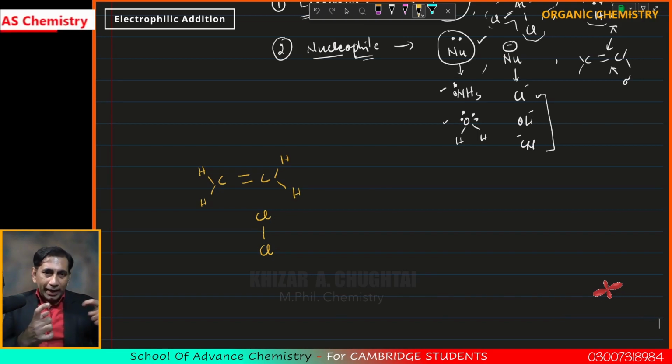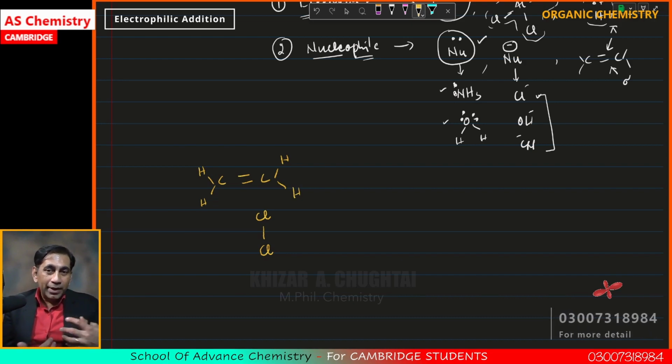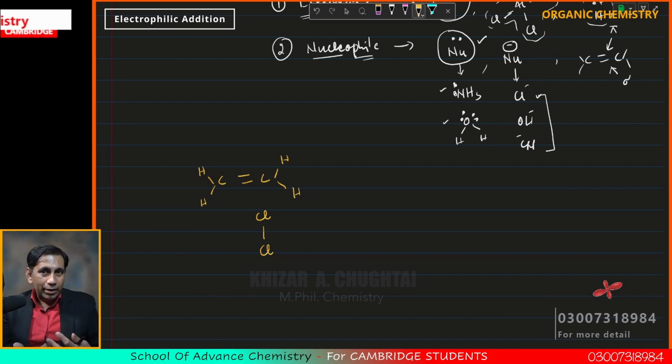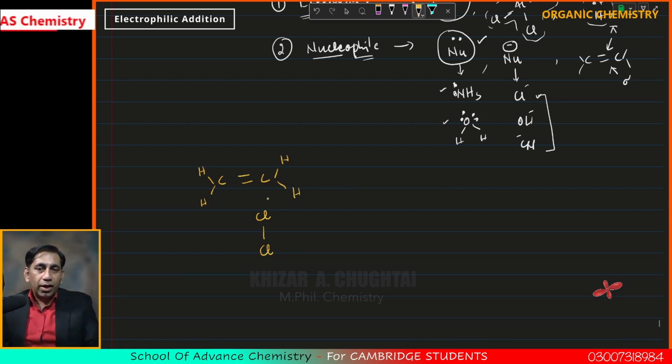But when the chlorine molecule goes into the proximity of the carbon-carbon double bond, due to the neighboring carbon-carbon double bond, halogens, which are initially non-polar, are going to polarize. This carbon-carbon double bond is going to polarize this molecule. Due to the proximity of the carbon-carbon double bond, halogens get polarized.